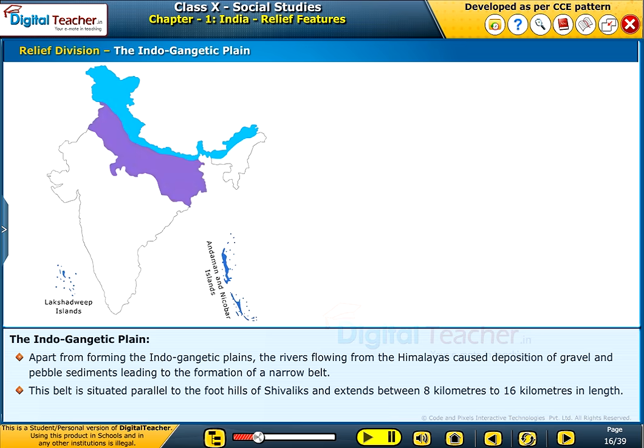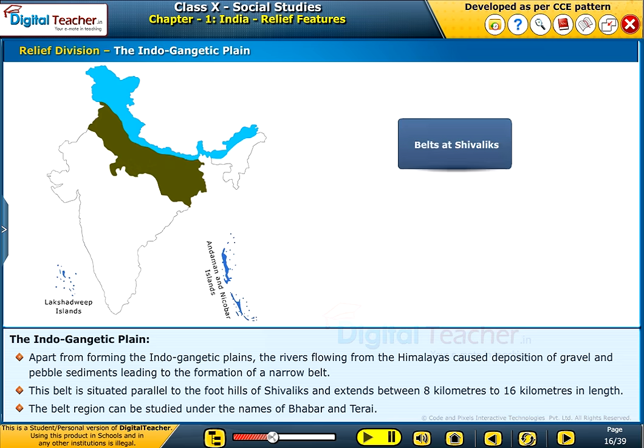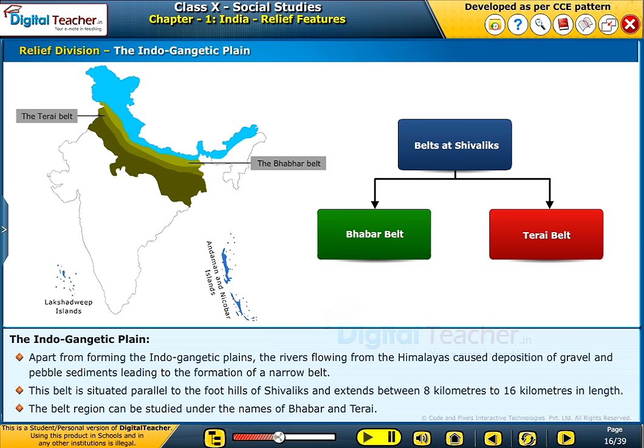This belt is situated parallel to the foothills of Shivaliks and extends between 8 km to 16 km in length. The belt region can be studied under the names of Bhabhar and Terai.